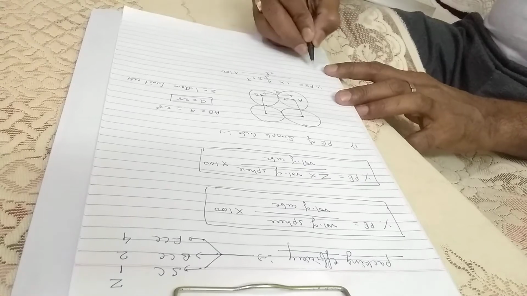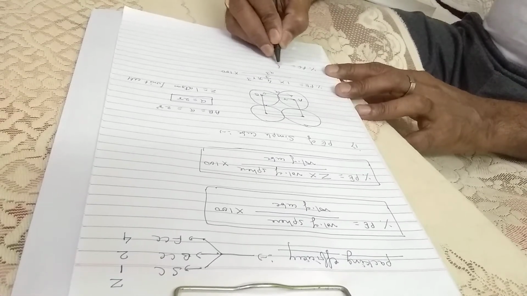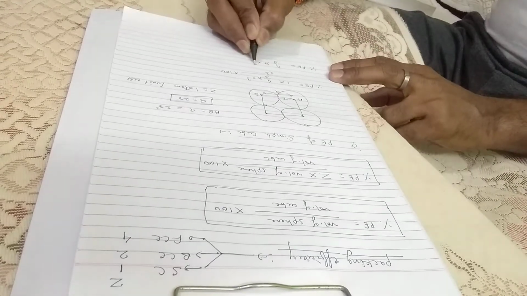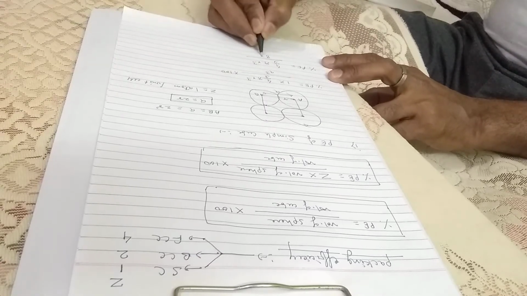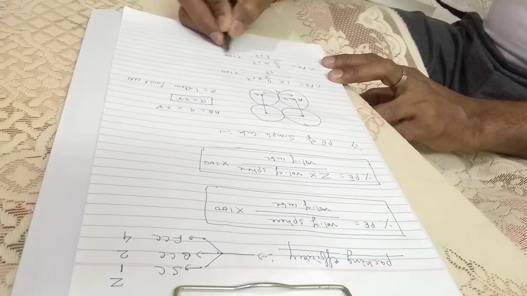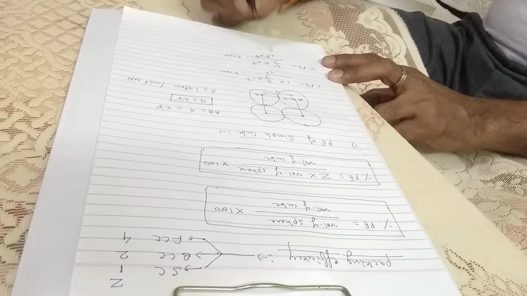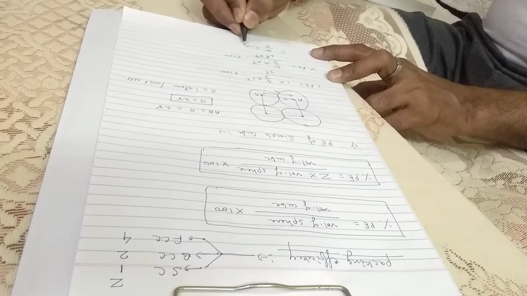So here you can say percentage packing efficiency of simple cube is equal to 4 by 3 pi r cube upon a is equal to 2r, means 8r cube, into 100. Here 4 by 8 is 1 by 2, r cube will cancel, pi by 6 into 100.